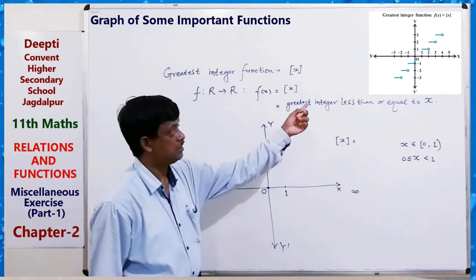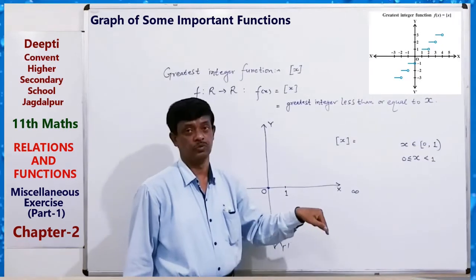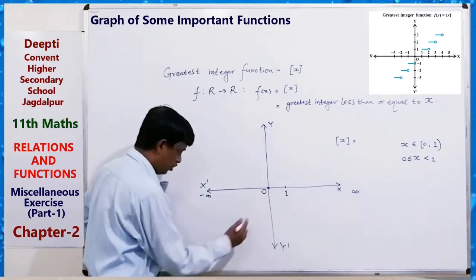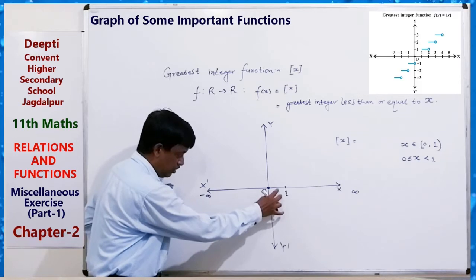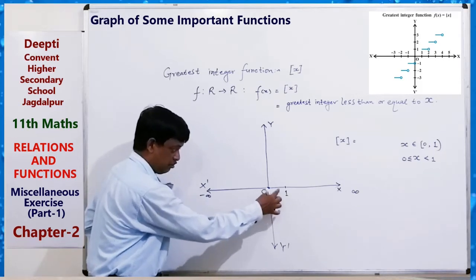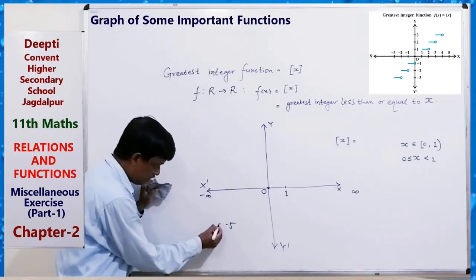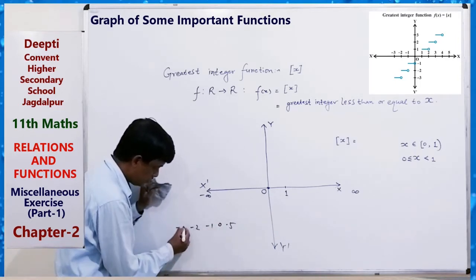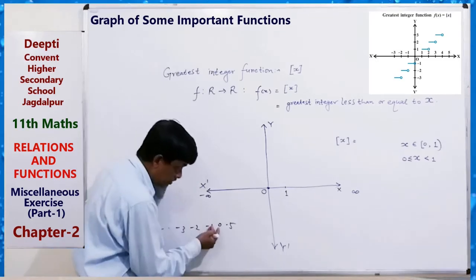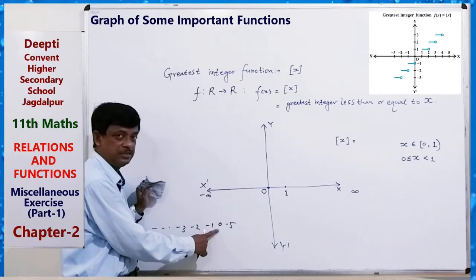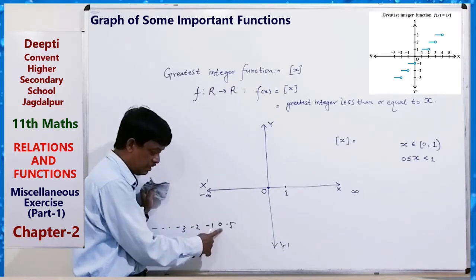The greatest integer less than or equal to, suppose we take 0.5 from here, then the integers on the left-hand side are 0, -1, -2, -3, infinitely many integers, but the greatest is 0, which is less than or equal to 0.5.